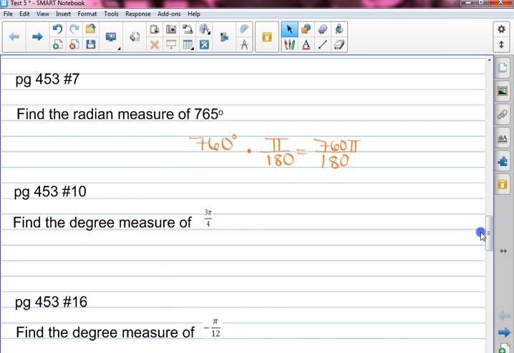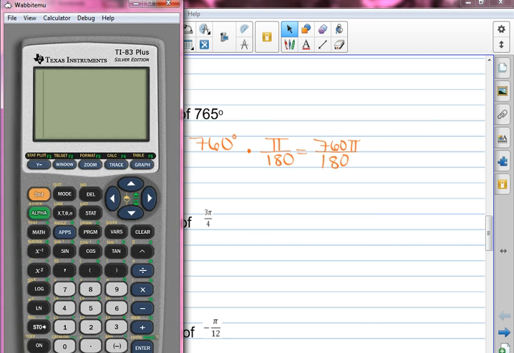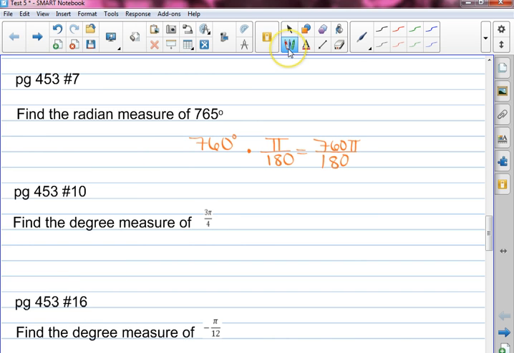Now, we need to reduce that fraction, and we are going to ignore the pi, because we're going to put the pi in the answer. So do not type pi in the calculator. We're going to say 765 divided by 180. And then you need to turn it into a fraction. You get 17 over 4, and don't forget the pi. Okay, so that's going from degrees to radians.